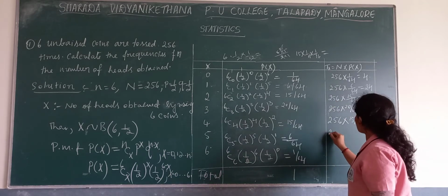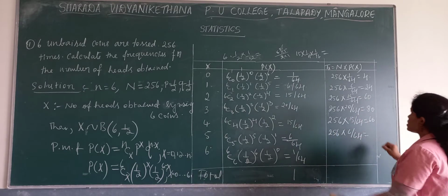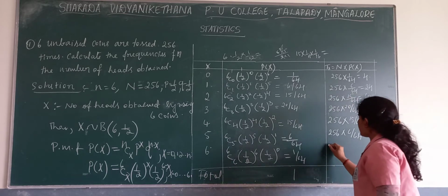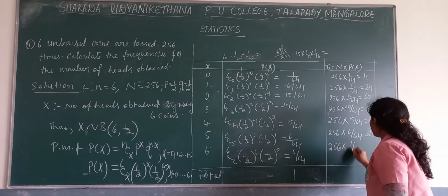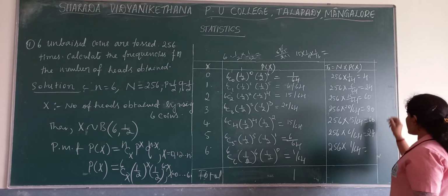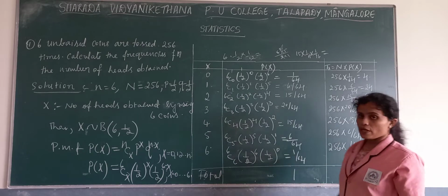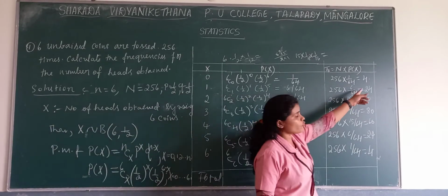Then once again 256 into 6/64, this combination gives 24. And the last one, 256 into 1/64, you get 4. So your expected frequencies are 4, 24, 60, 80, 60, 24, 4.